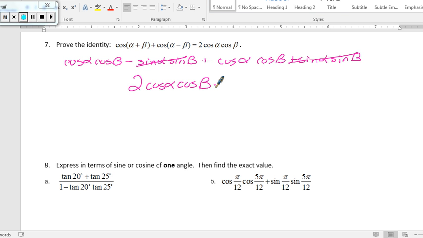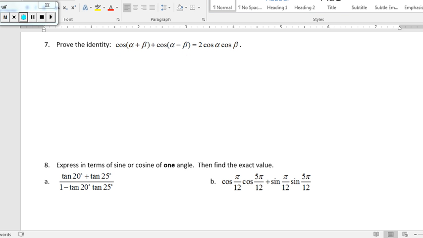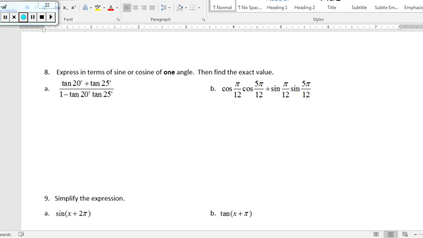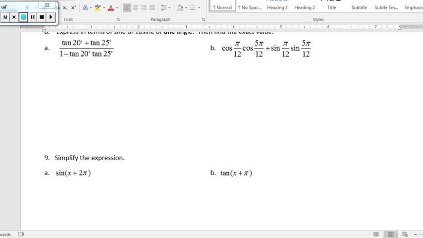So that one actually turned out to be pretty simple. Looking at number 8, this is again already in the formula, so you want to recognize which formula we have. This is the tangent sum formula. So alpha here is going to be 20, beta is 25.